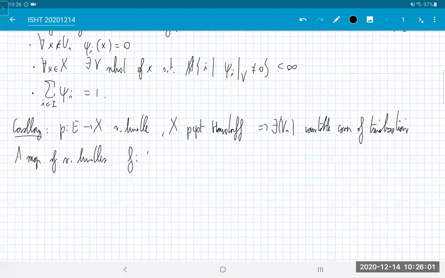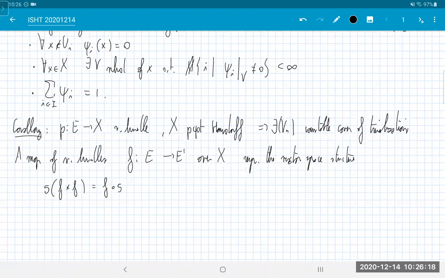is just a map f: E → E' over X respecting the vector space structure. That is, f of the sum is the sum of the f's, and f respects multiplication by a scalar. If you want, another way of saying it is that f is a C-linear map when restricted to each fiber.